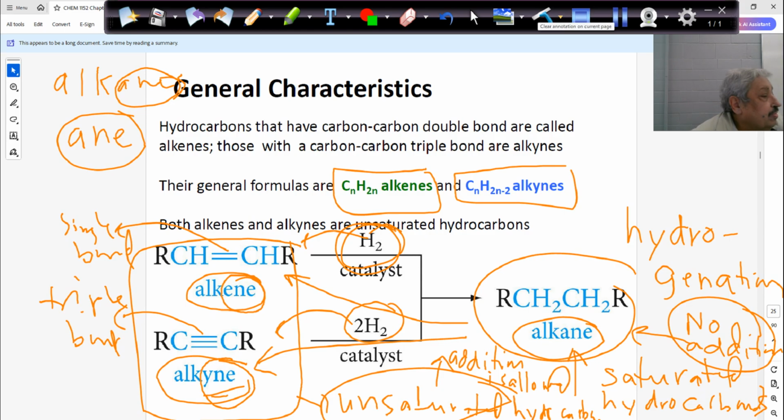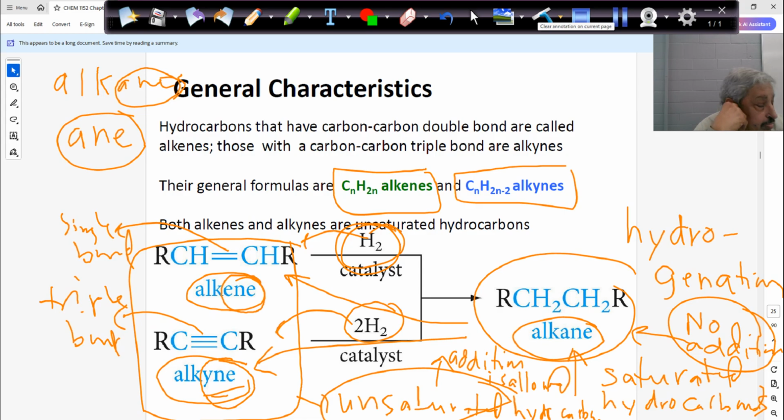Excuse me? Yes. When you say add to it, you add more carbon bonds? When you said add to unsaturated bonds, I mean, add to it. You add to it any other molecule. Hydrogen is a molecule. Correct? So you cannot add to alkanes any other molecule.